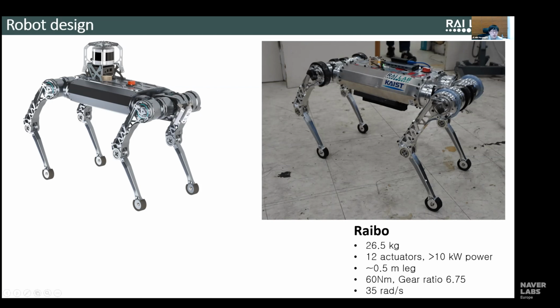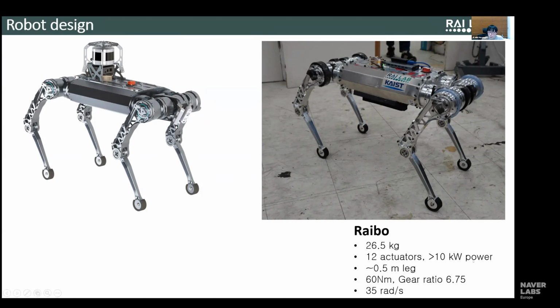Because I've been working on reinforcement learning controllers, I know how to design a robot and software for reinforcement learning control. That's why I wanted to develop my own system. The robot is 26 kilograms with 12 actuators. It actually has a lot of power, over 10 kilowatts.